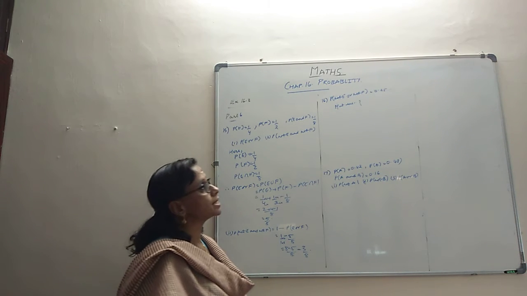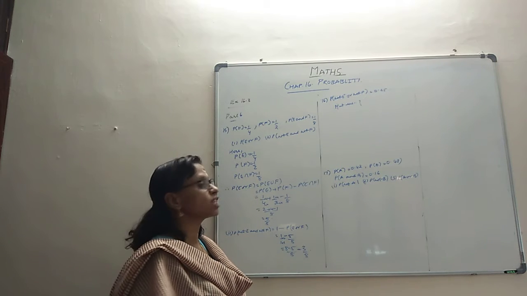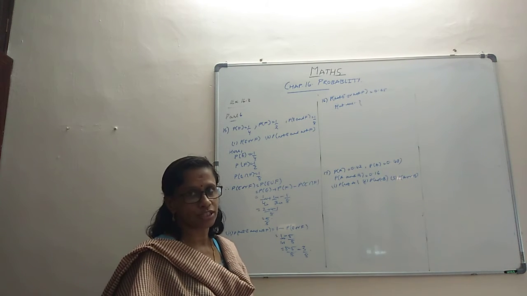Problem number 16 says that probability of not E or not F is 0.25. You have to check whether E and F are mutually exclusive or not.